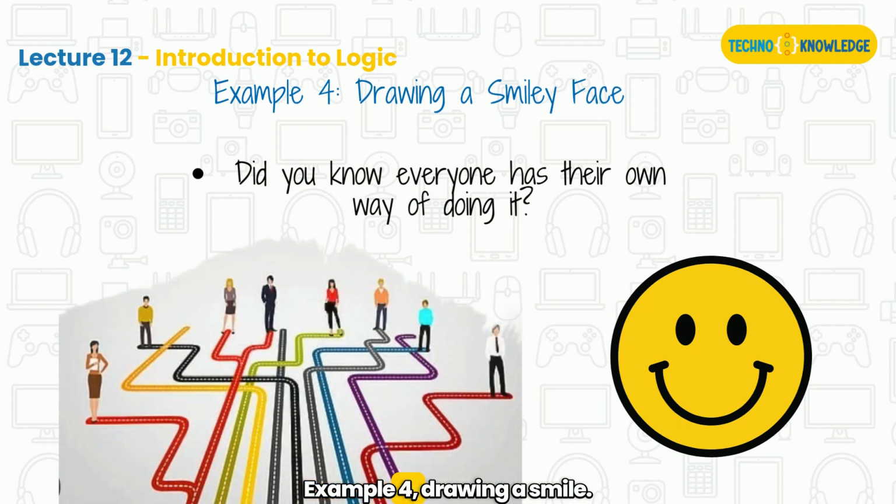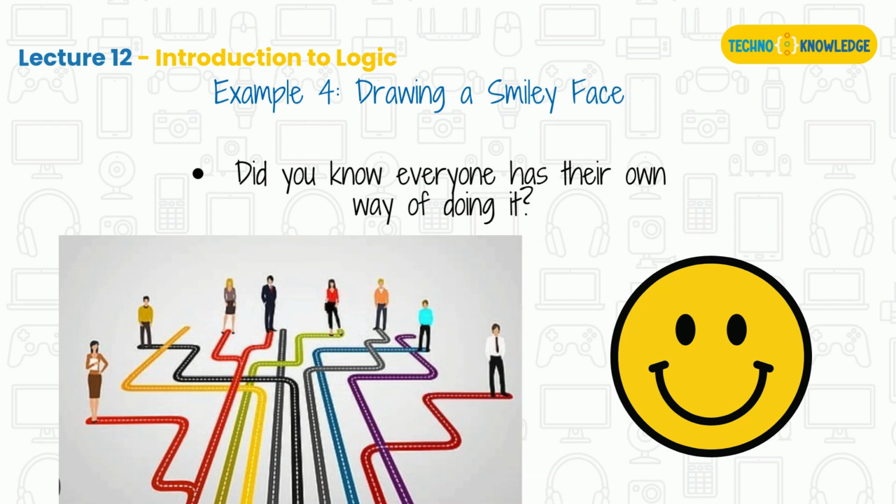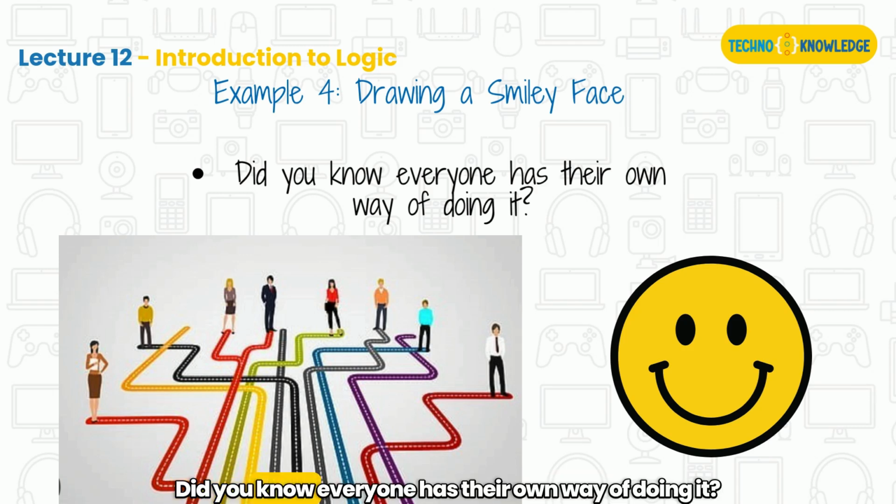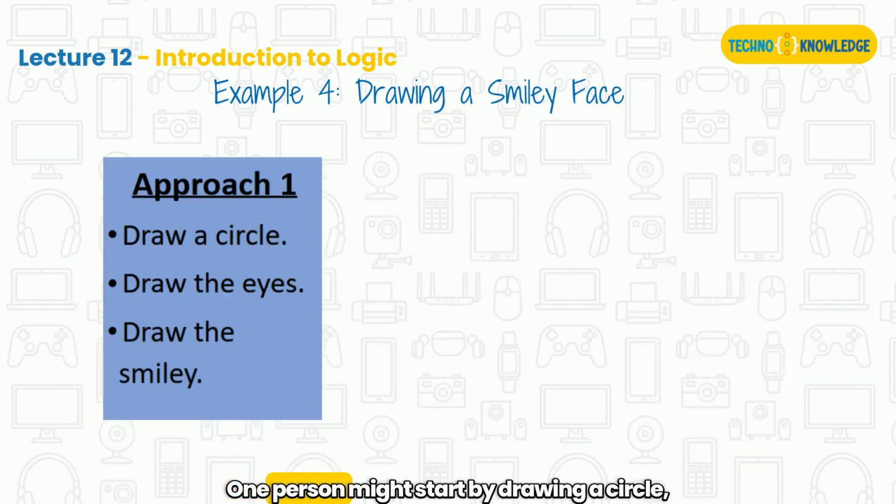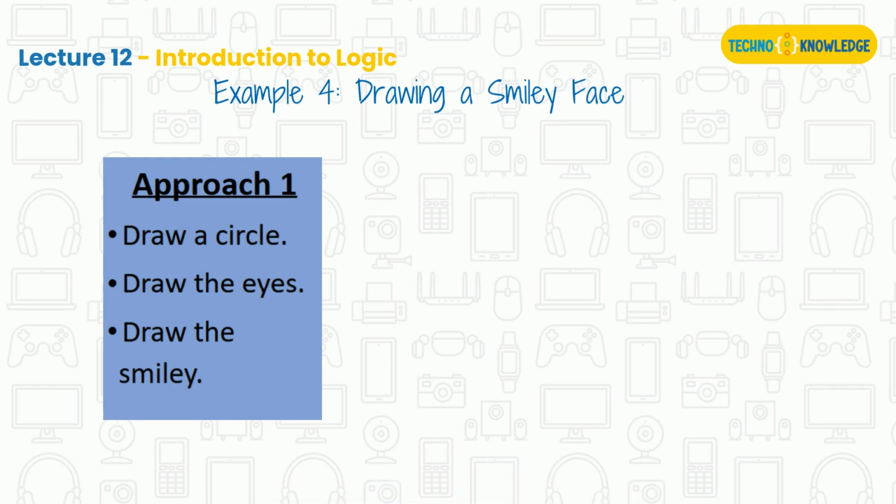Example 4. Drawing a smiley face. Let's try drawing a smiley face. Did you know everyone has their own way of doing it? One person might start by drawing a circle, then the eyes, and finally the smile.